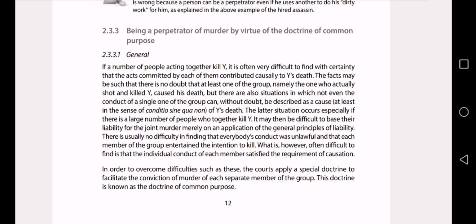There is usually no difficulty in finding that somebody's conduct was unlawful and that each member of the group entertained the intention to kill. What is, however, often difficult to find is that the individual conduct of each member satisfied the requirement of causation.